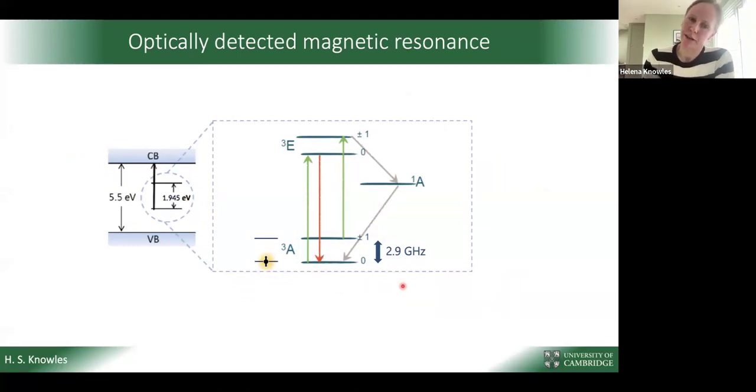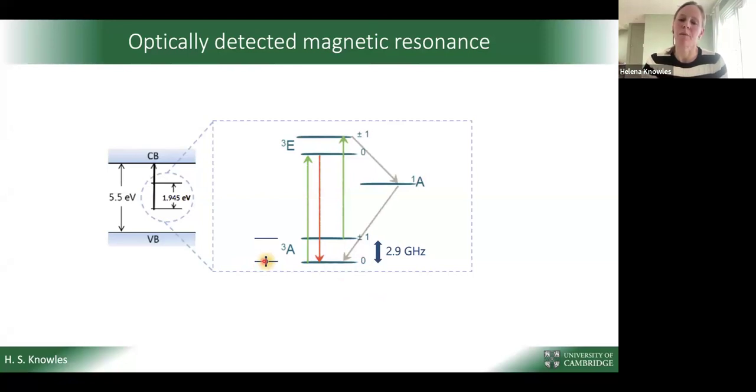And of course, the exceptional thing about the NV center is that we can initialize the spin using optics, using green excitation typically. If you follow the arrows around, whichever spin state you start out in, you'll always end up with higher probability in the ms equals 0 state. And so that's how spin initialization works.